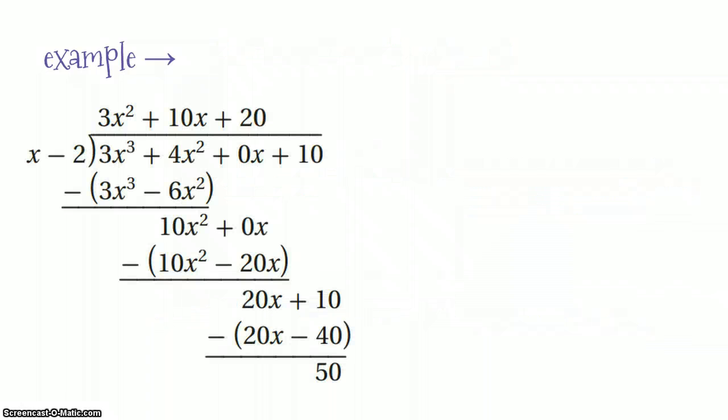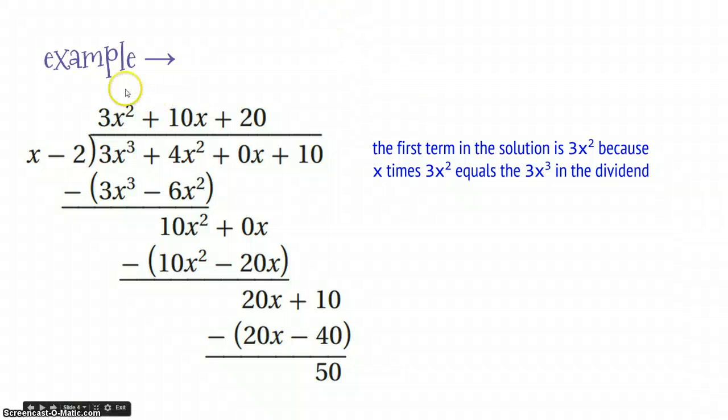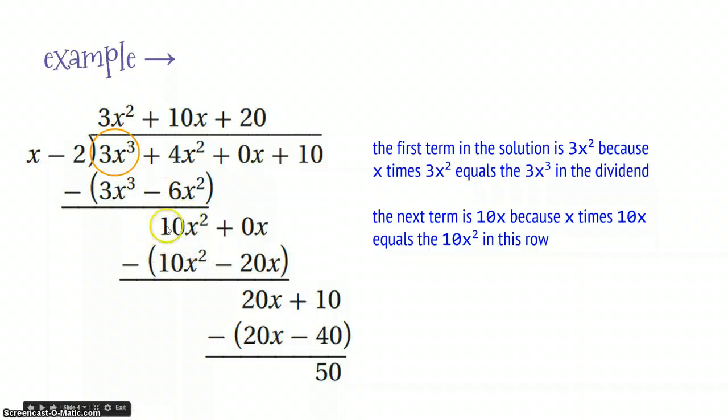Now, here's the process of actually dividing. I want to walk you through this. The first term in the solution is 3x squared because x times 3x squared equals the 3x to the third in the dividend right there. Then we draw the line, change the sign of both things there, and then we go to the next row. The next term is 10x, because x times 10x equals the 10x squared that we're looking for. Draw the line, change the sign.